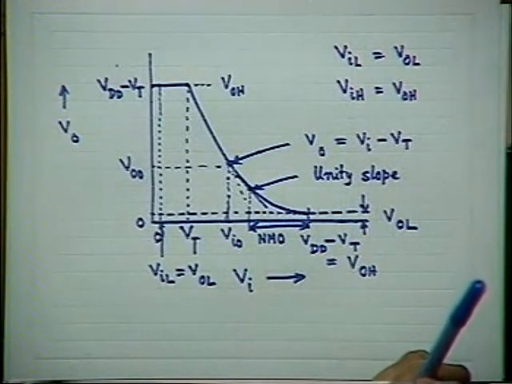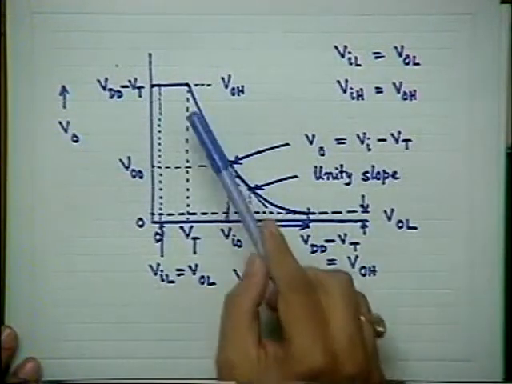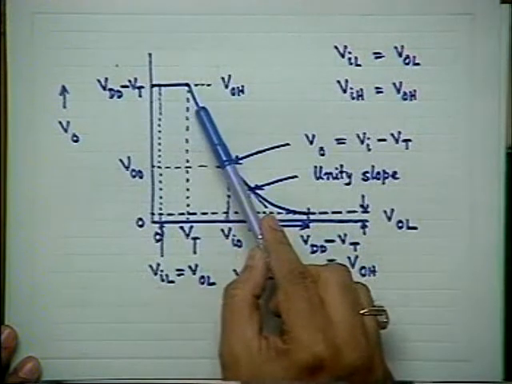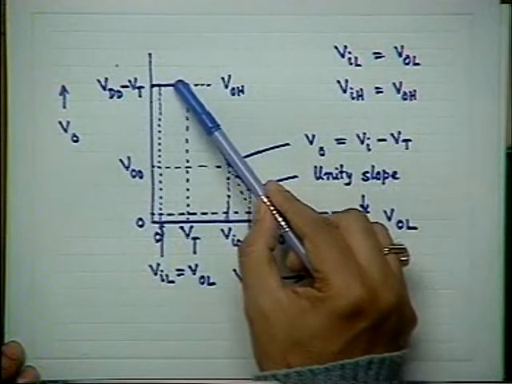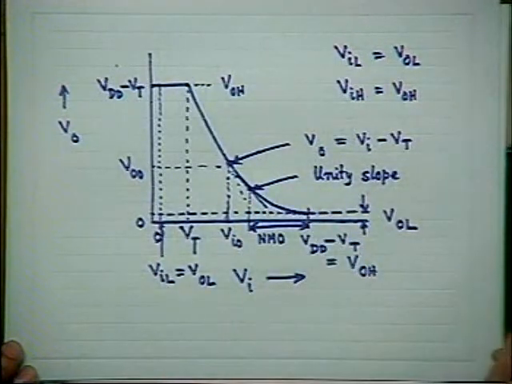Because our analysis was a little bit simplistic. Actually, there will be a round off here. In the most practical case, you will find a roll off or round off at this point. And therefore, you can always identify a point where the gain is unity. But from a practical point of view, it is not necessary.